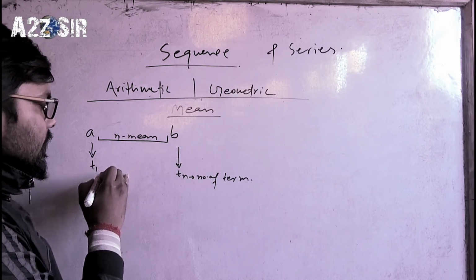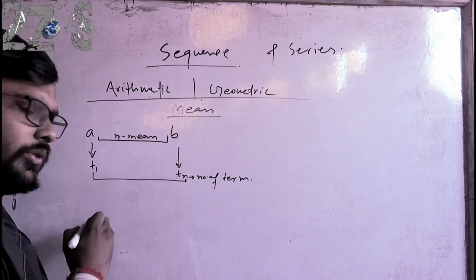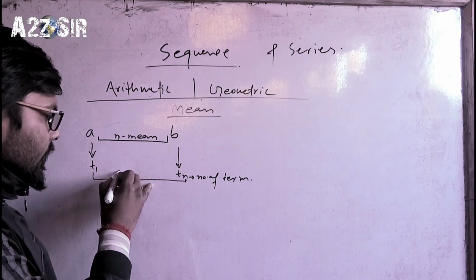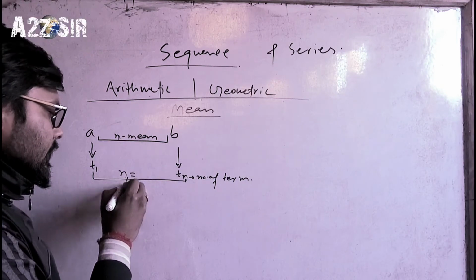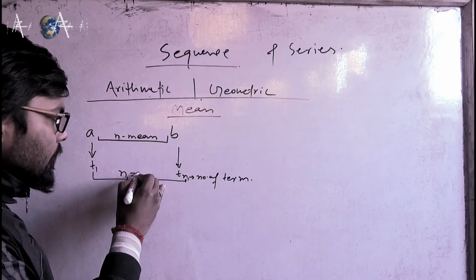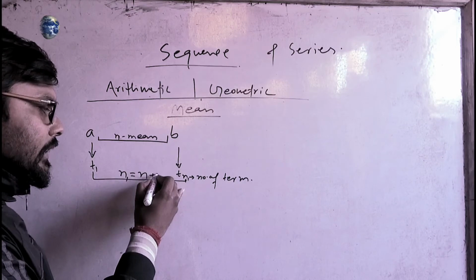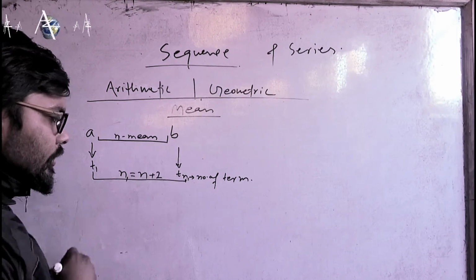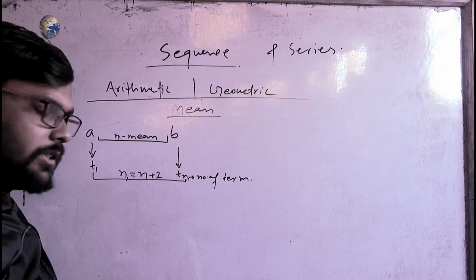How many terms are there? Suppose this one is n1, and n1 is equal to the number of means plus the first and last included as 2. So n plus 2 terms between A and B.